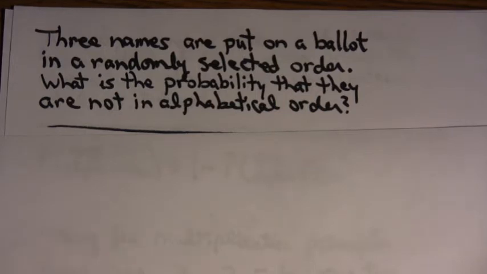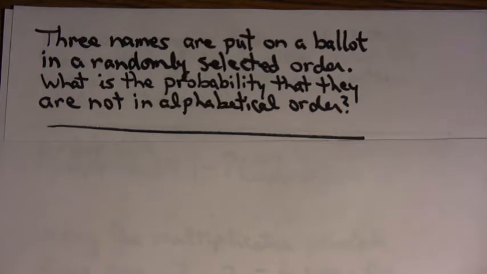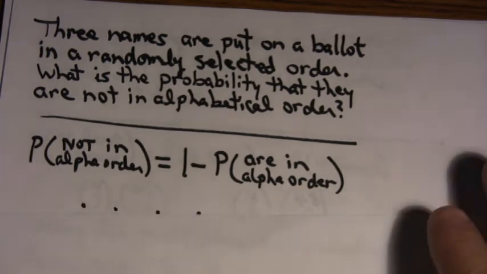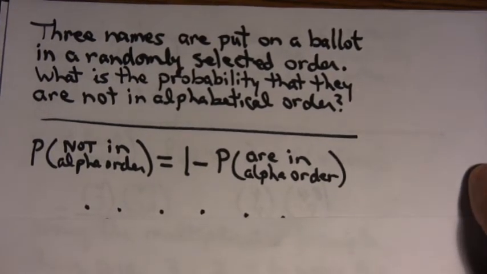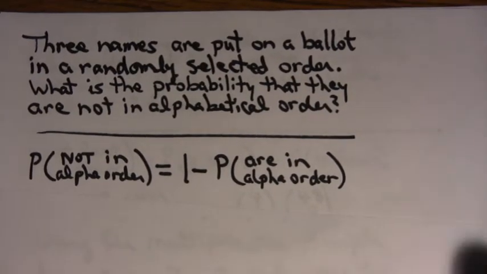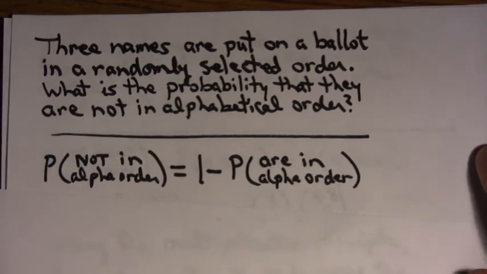There's certainly more than one way to do this problem, but it seems to me the easiest thing to do here, and again I'm talking about the big picture and thinking it through before you jump into something, is to figure out the probability of it actually being in alphabetical order. Then the probability that it's not in alphabetical order is 1 minus that. So the probability that it's not in alphabetical order is 1 minus the probability that it is. I think you're going to find that's the easiest way to think about this.